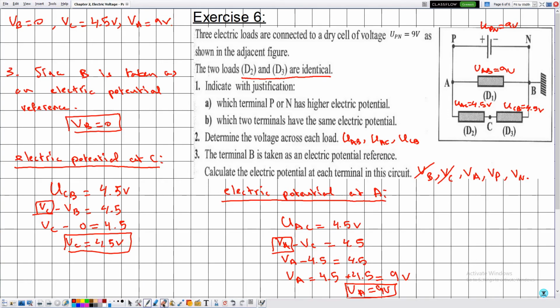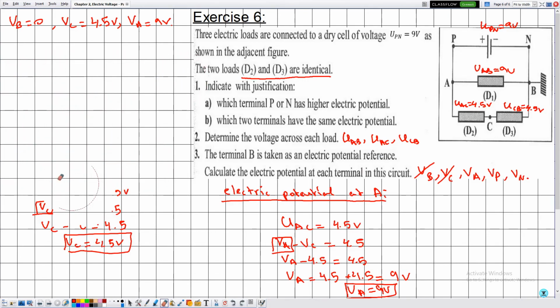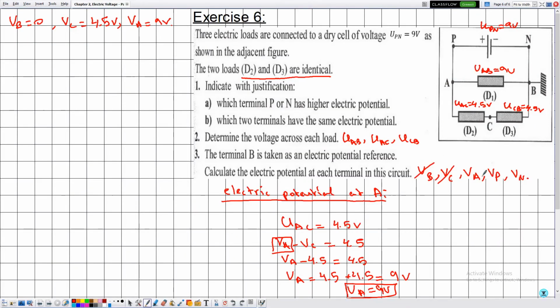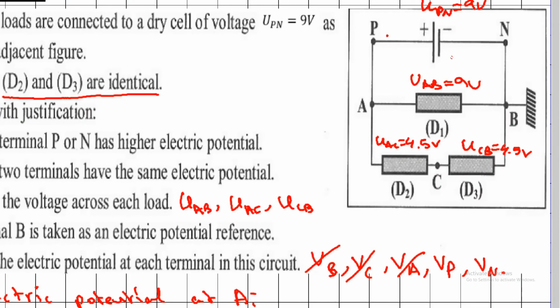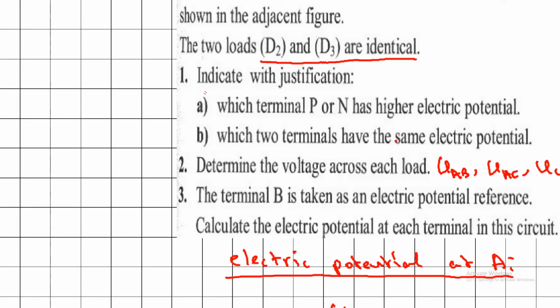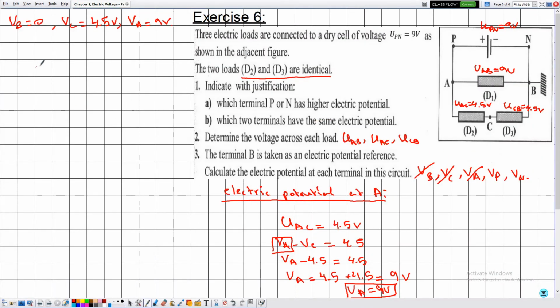Let me make some space here. Now let's move from the point A to the closest point to the point A, which is the point P. Here we are done with VA. Let's move to the point P. Notice that between A and P we have a connecting wire, as we have done in part B. We have mentioned that they have the same electric potential.